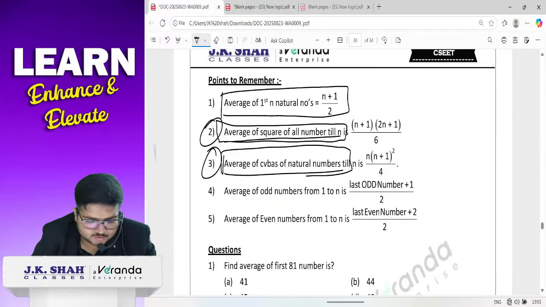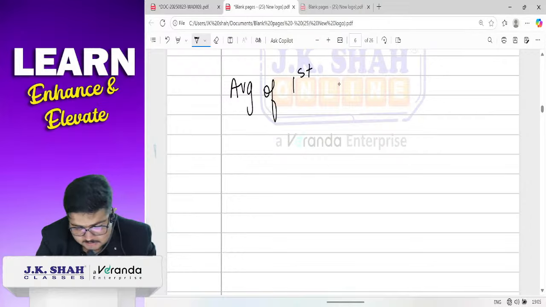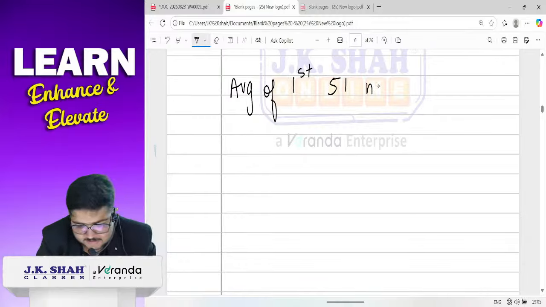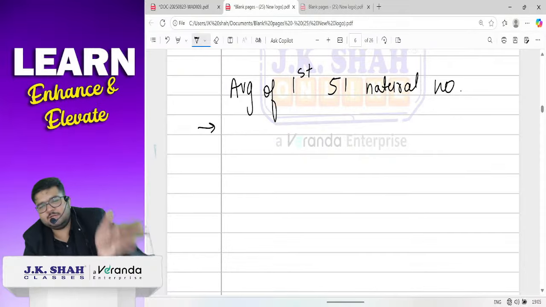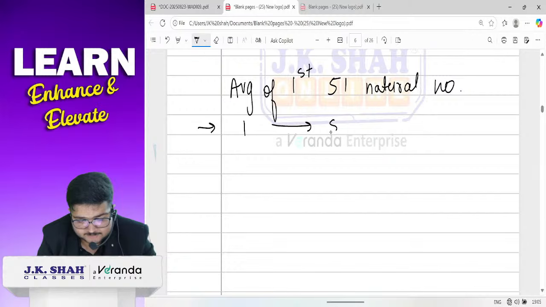First is the average of first n natural numbers. Now if you have been asked the average of the first 51 natural numbers, just an example, that means from 1 to 51.